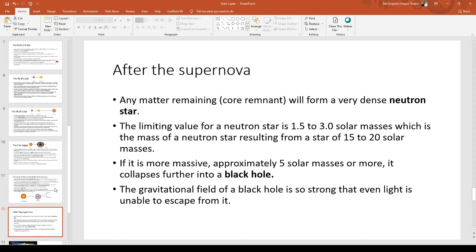Like that, in the supernova, most of the star, and even most of the core, is broken into pieces, distributed in space in the supernova nebula formed. But some remaining parts of the core that we are calling core remnants will form the neutron star.